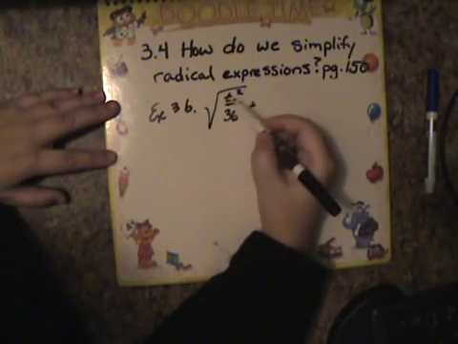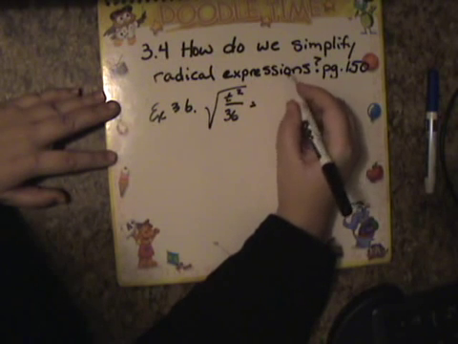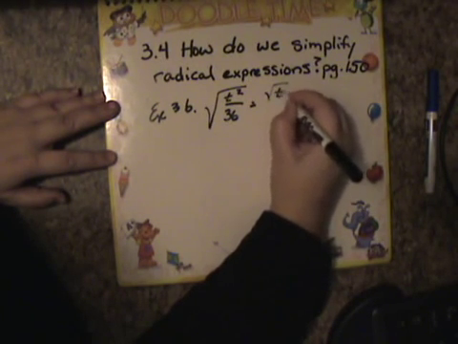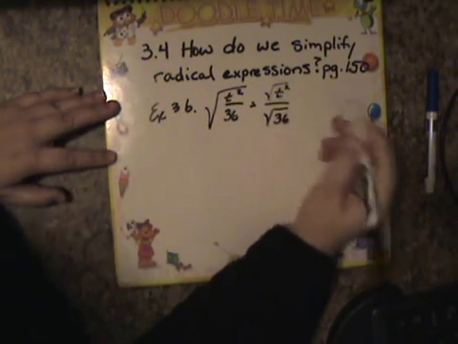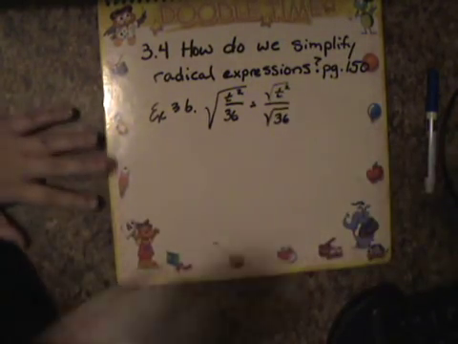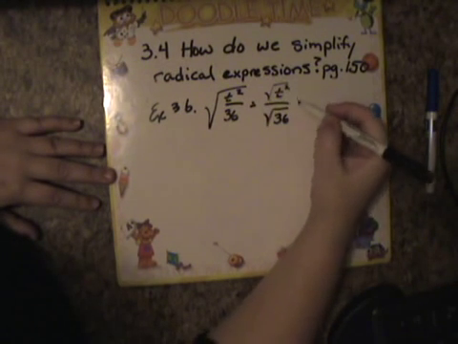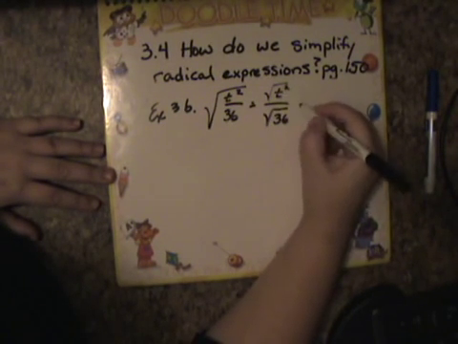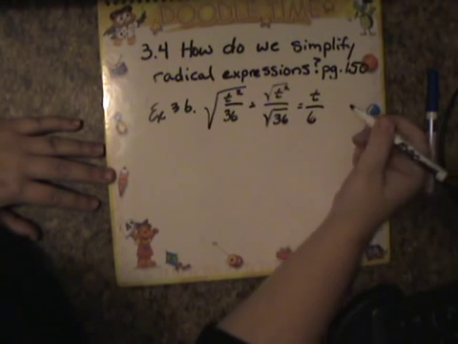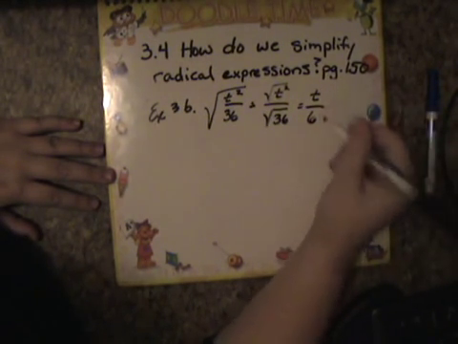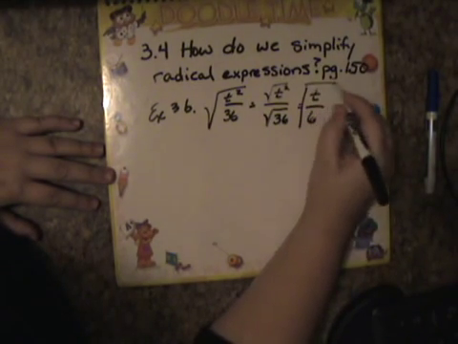Now, we can write the square root of t squared divided up over the square root of 36. And here what we want to do is take the radical of each one. So the square root of t squared is t, the square root of 36 is 6. And that's our final answer. That is the simplified form for that problem.